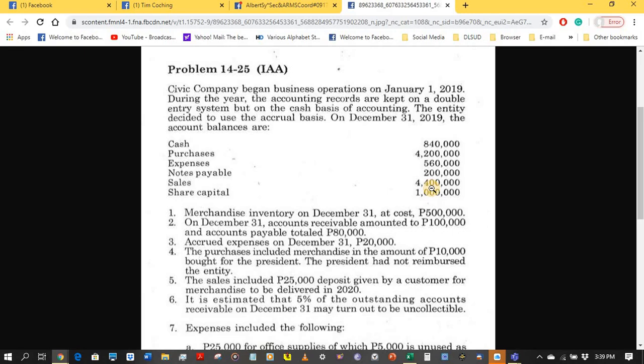Given by a customer for merchandise to be delivered in 2020. Since hindi pa yun nadi-deliver yung goods sa customer, supposedly hindi pa in sales. Pero dahil nga previously siyang nagre-record under cash basis, na-record yun as sales. At dahil mag-accrual tayo, hindi pa yun sales. So mag-a-adjust ng entry tayo.